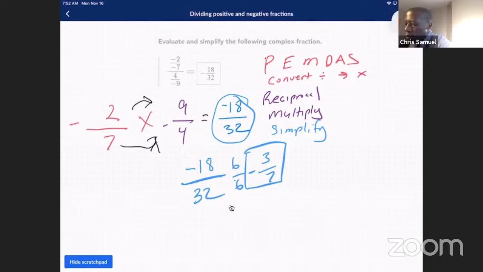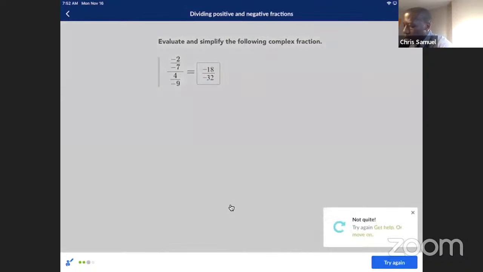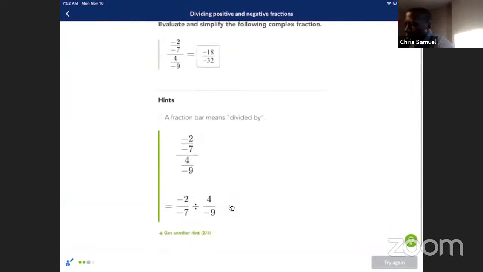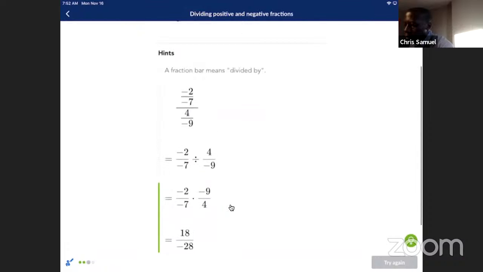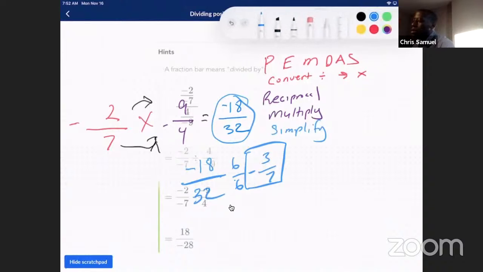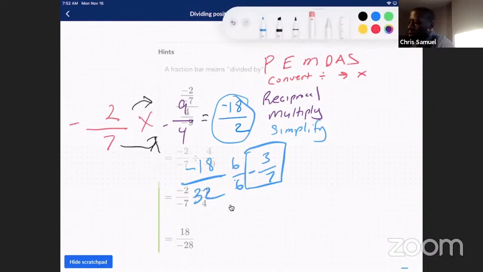Did they both go negative then? Okay, so it gives help. Let me see. A fraction bar means divided by. Did I not multiply that right? Oh my God. I've been doing it the wrong way. Whoops. My multiplication was wrong. Thank you.